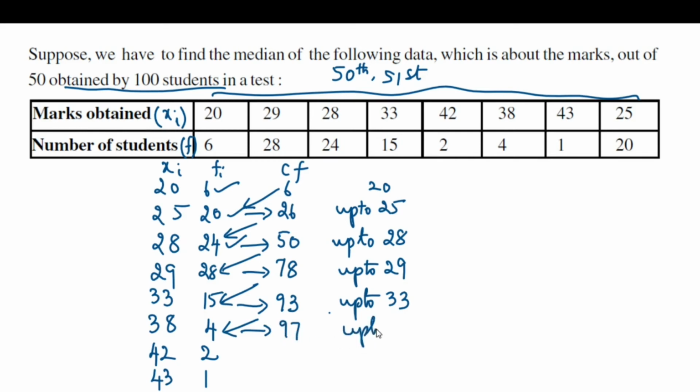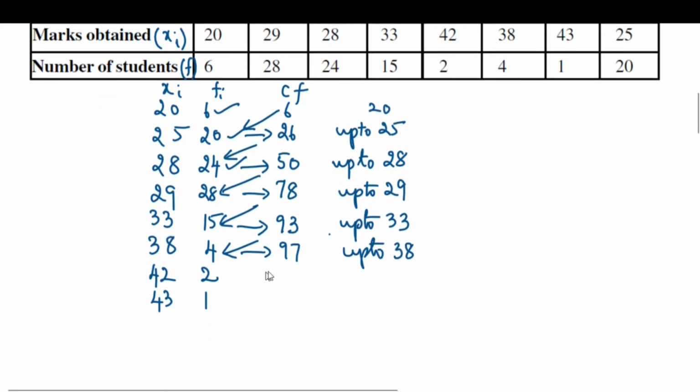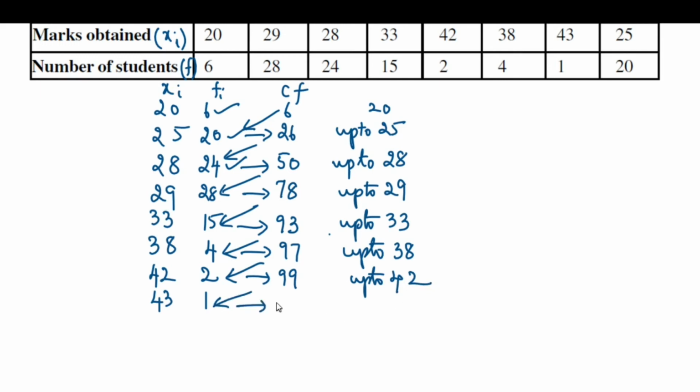This is up to 38. Then add 2, we will get 99. This is up to 42. Then add 1, we will get 100. This is up to 43.